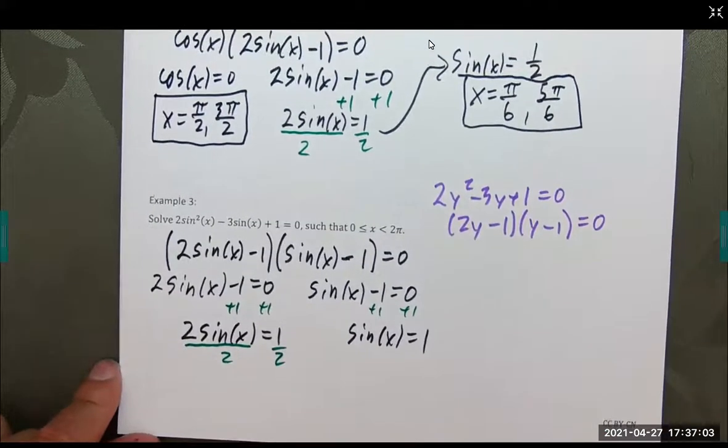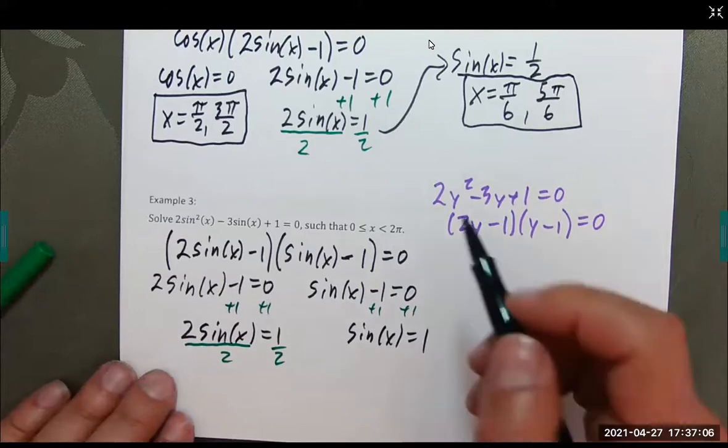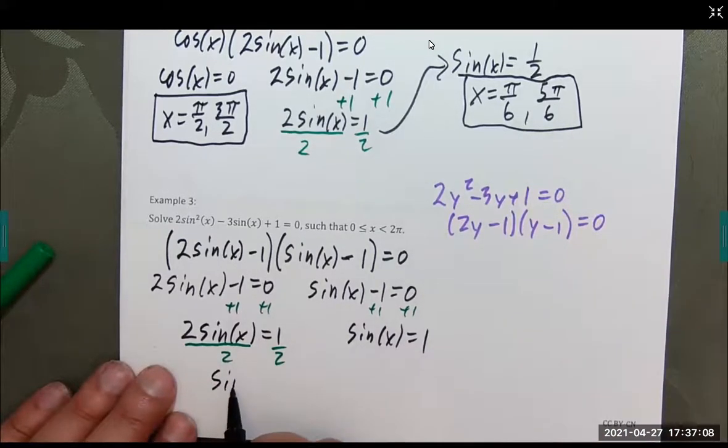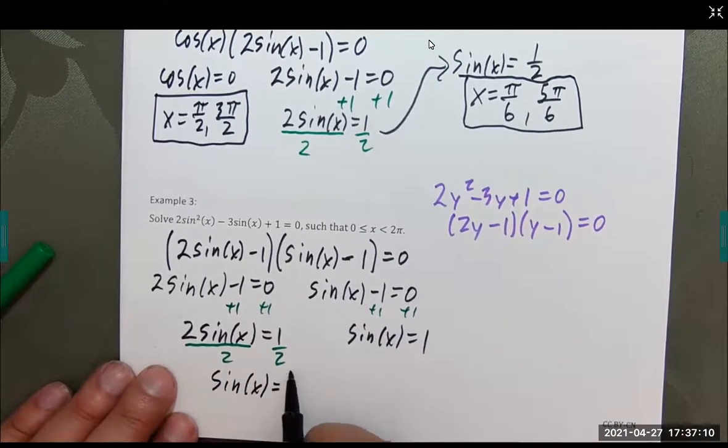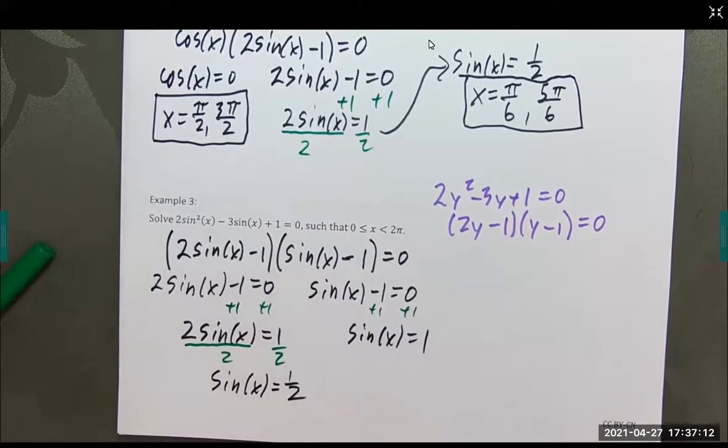And push this down just a little bit so we can see there's a similarity here. So sine of x equals positive 1/2.